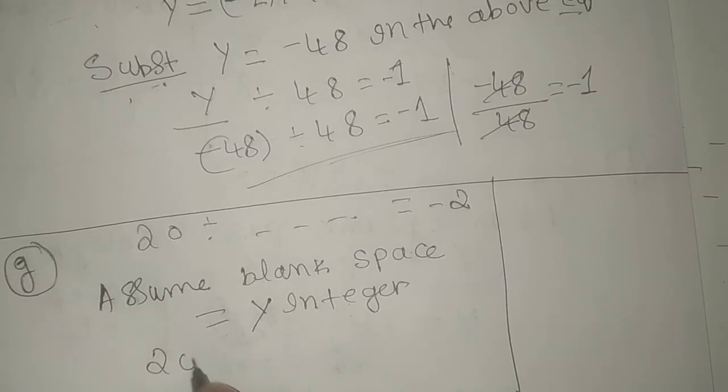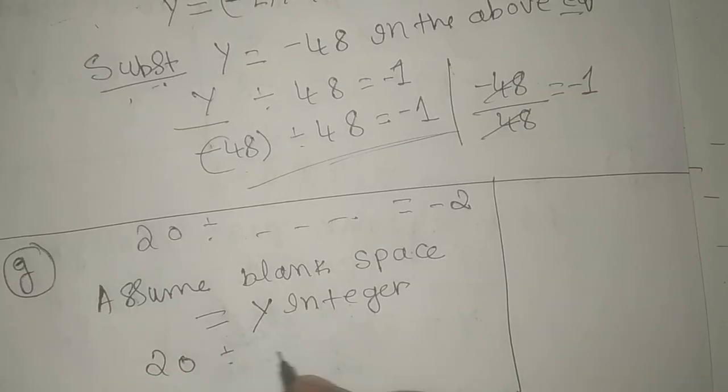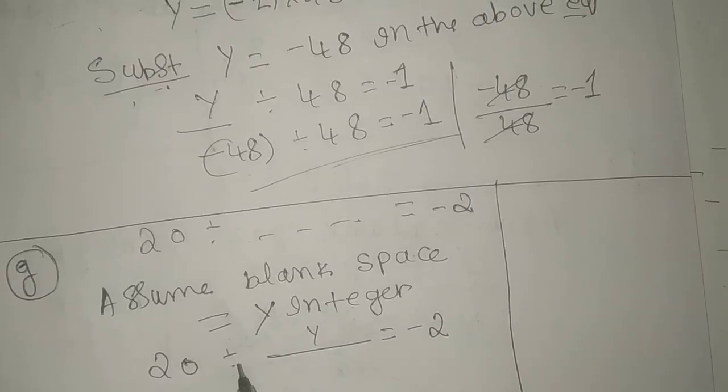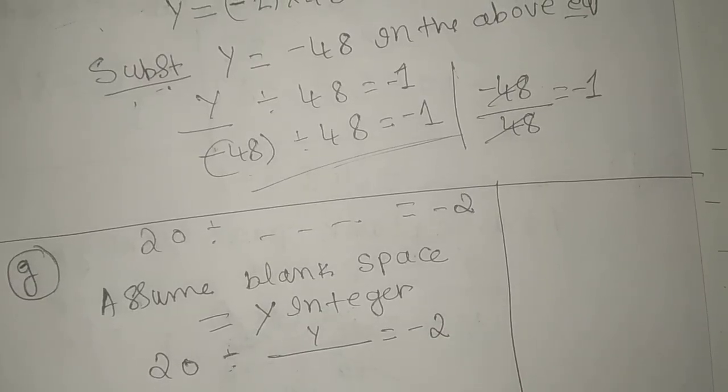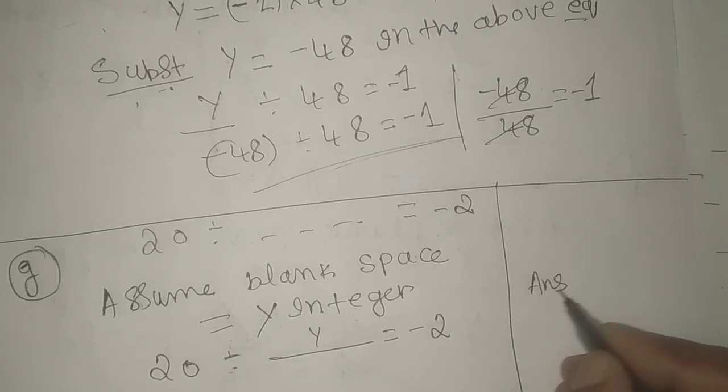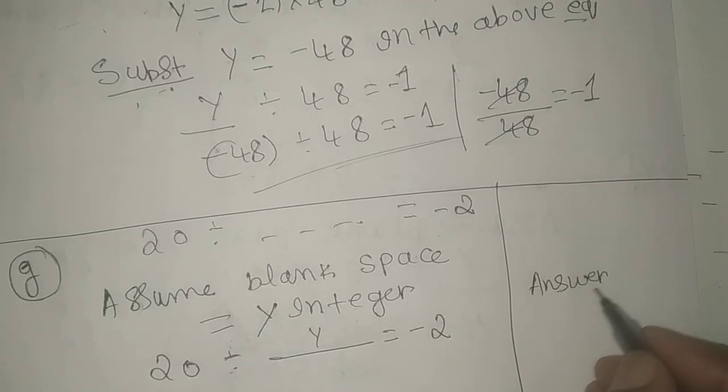Now 20 divided by the blank space y is equal to minus 2. So y will take the answer as minus 2.